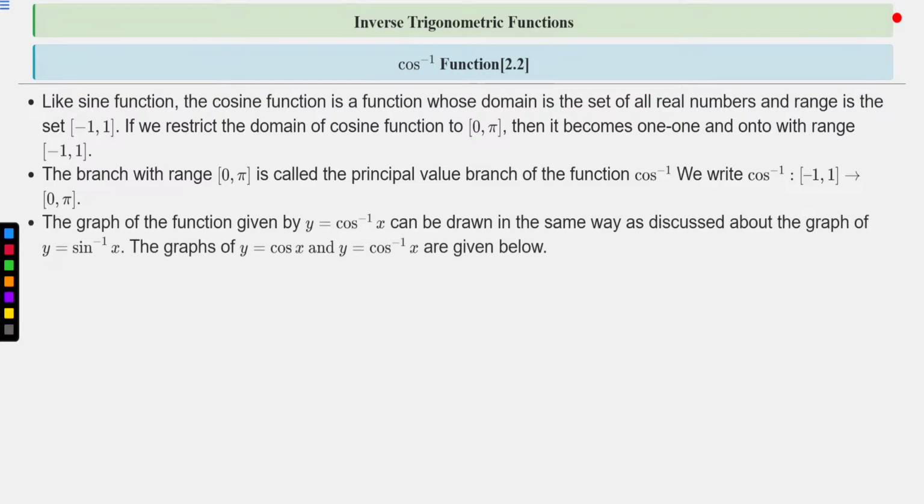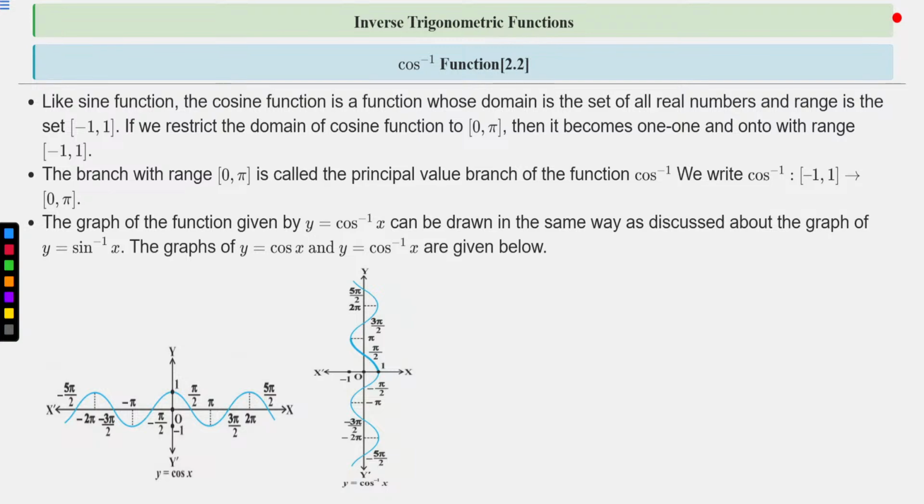So the graph of y equals cos inverse x can be drawn in the same way as discussed for the graph of y equals sin inverse x. The graphs of y equals cos x and y equals cos inverse x are given below like this. See, this is the graph of cos x and this is the graph of cos inverse x. We have just interchanged the axes, right?